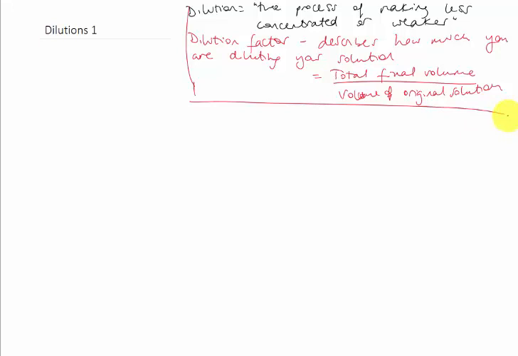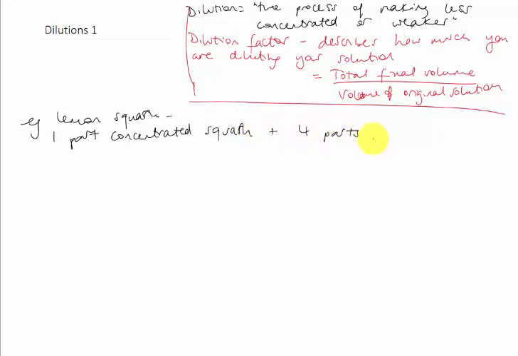So let's just use a couple of examples. So first of all, let's think about the lovely refreshing glass of lemon squash. If you make that up according to the instructions on the bottle, you would use 1 part concentrated squash plus 4 parts water, and so that would give us a 1:4 ratio of squash to water.